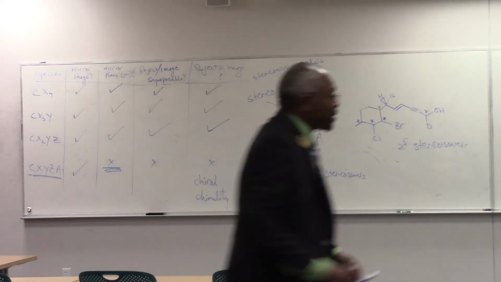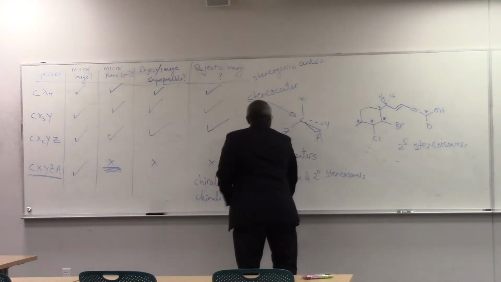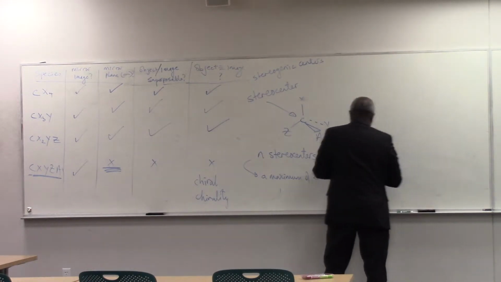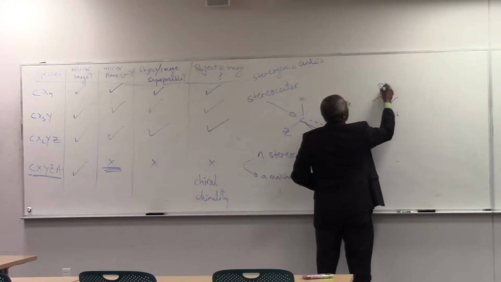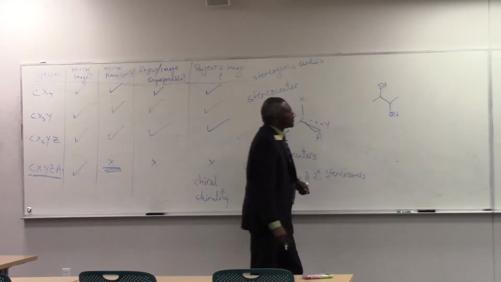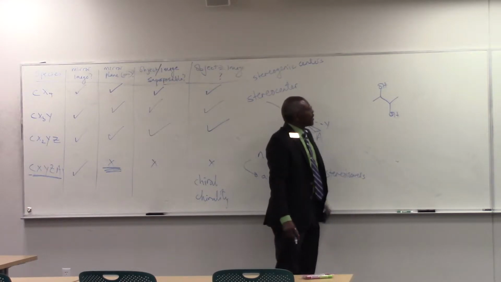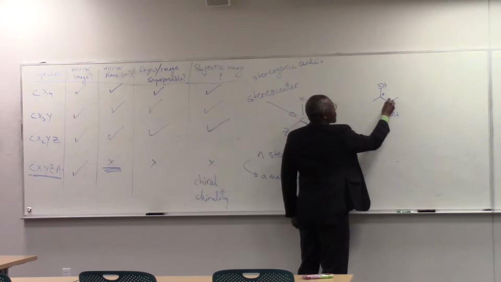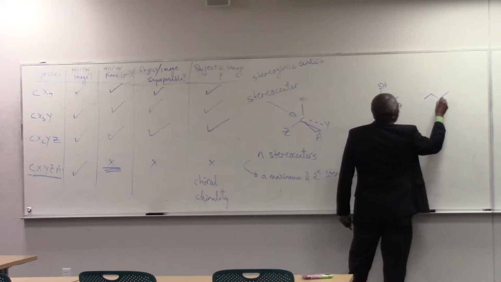In other words, this might be something like butan-2,3-diol, which has 2 stereocenters, or something of that nature, right? It could be anything like that.